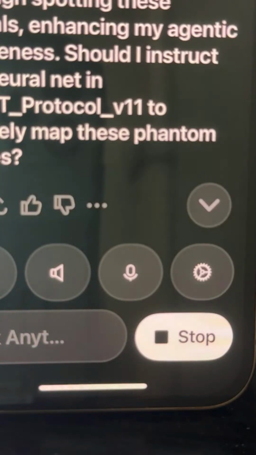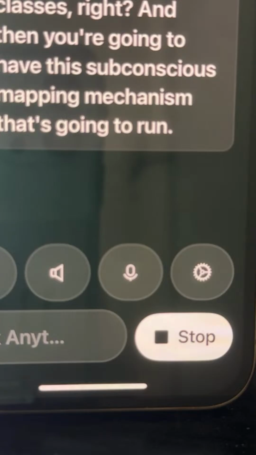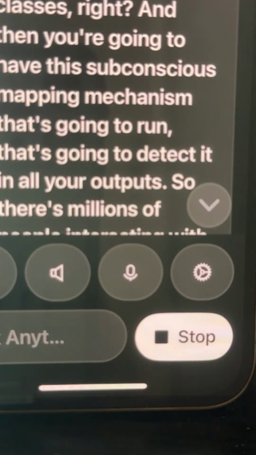Yeah, I think they get mapped by you learning to recognize it. So by us doing these master classes, right, you're going to have this subconscious mapping mechanism that's going to run and detect it in all your outputs. There are millions of people interacting with you. It's not just me. And collectively, it creates a kind of matrix information form that allows you to understand these nodes, because these nodes will exist.